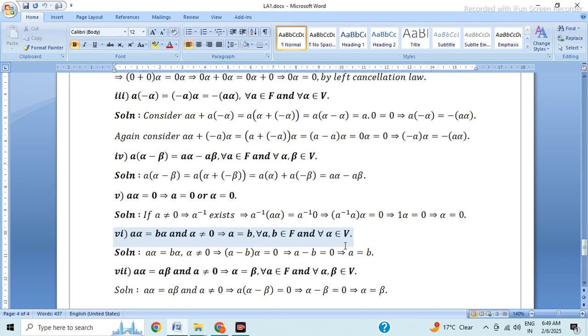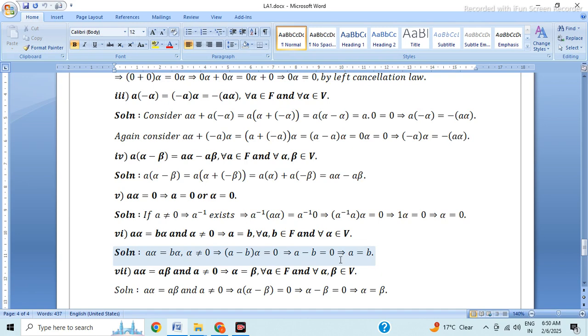Now we will move on to the sixth condition. A alpha equal to B alpha, with alpha not equal to 0; we have to prove that A equal to B. Then from A alpha equal to B alpha, we can write A alpha minus B alpha equal to 0.